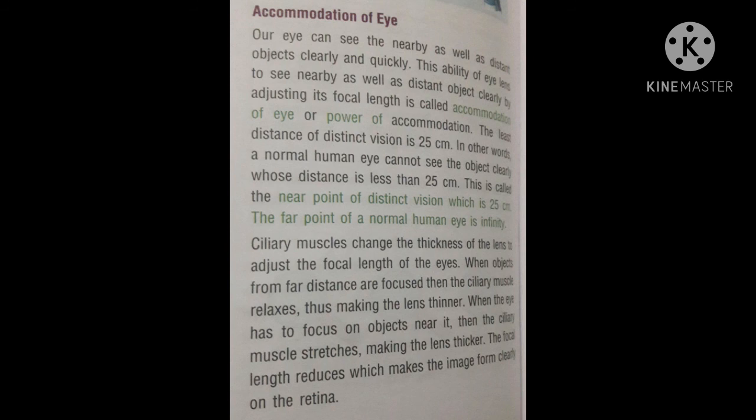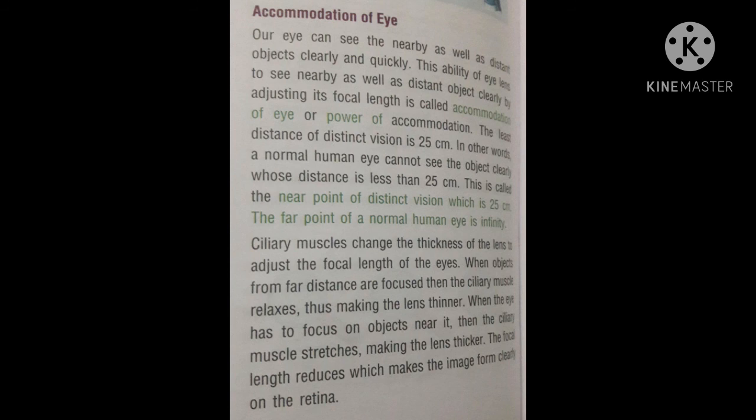Ciliary muscles change the thickness of the lens to adjust the focal length of the eye. When objects from far distance are focused, the ciliary muscle relaxes, thus making the lens thinner. When the eye has to focus on an object near it, the ciliary muscle stretches, making the lens thicker.